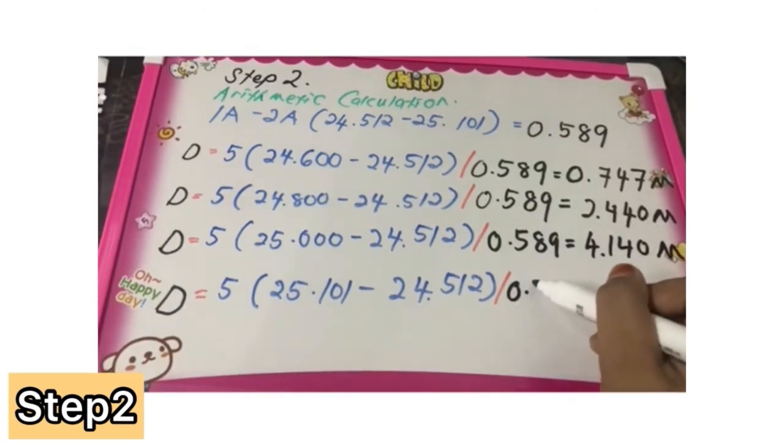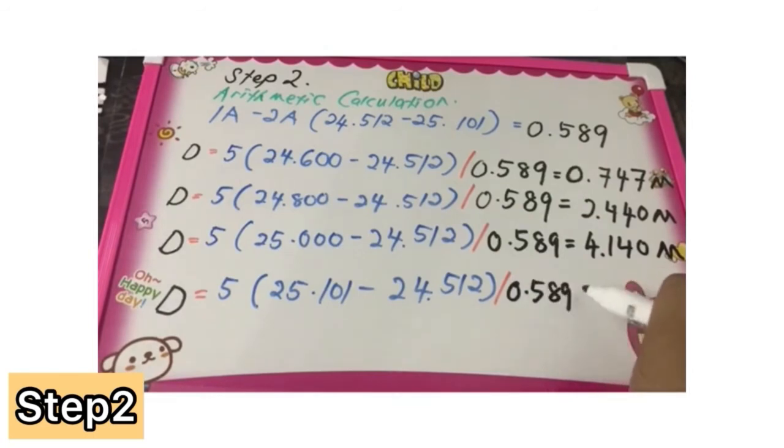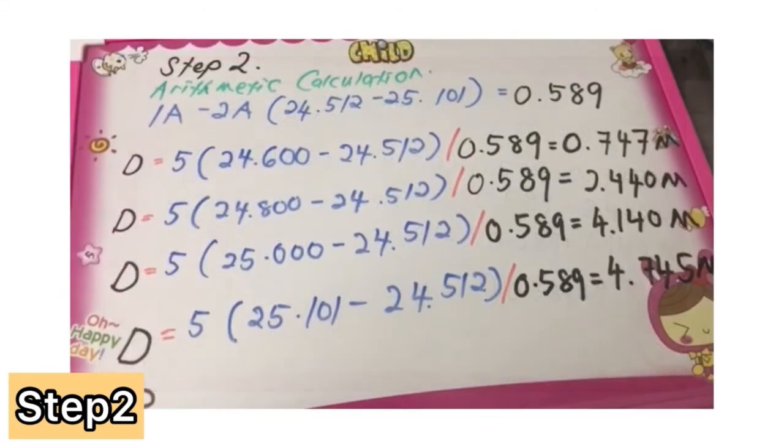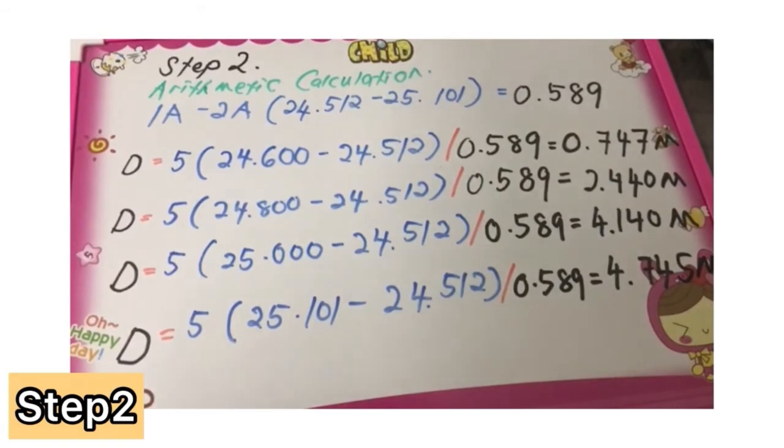For point number 4 is 4.745 meter. And then done. This is all the answer for arithmetic calculation. For the next point as well, we have to do the same way, just like this calculations.